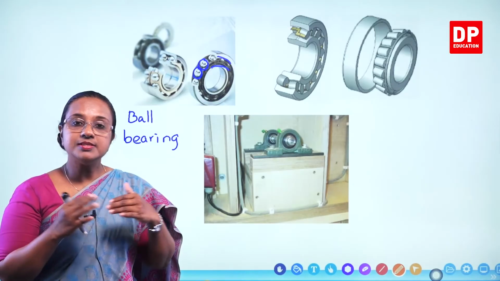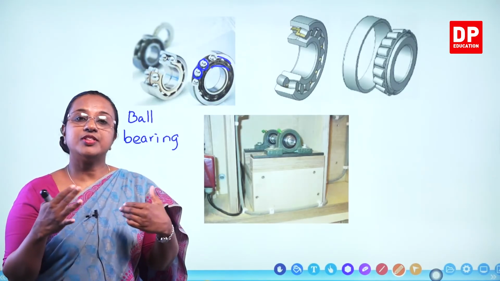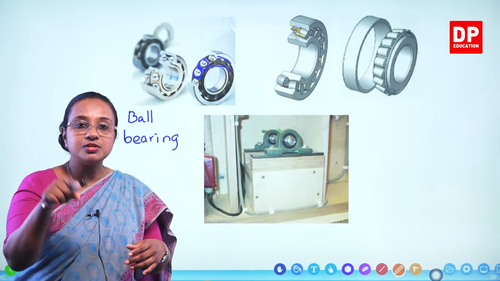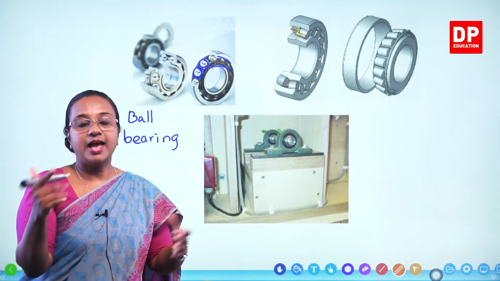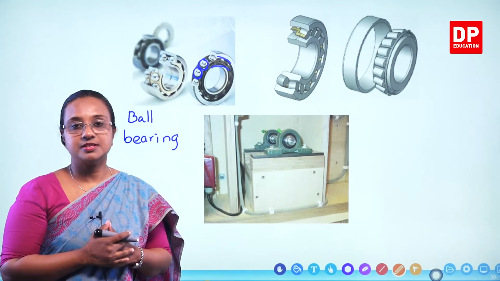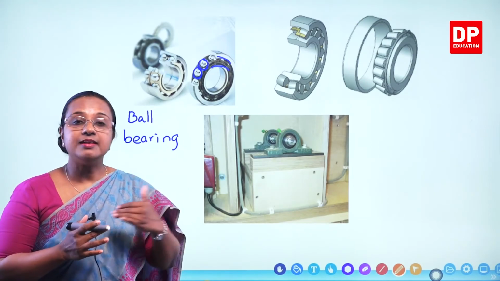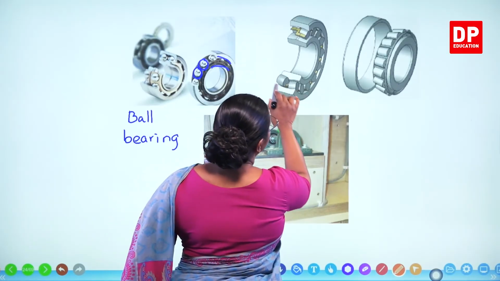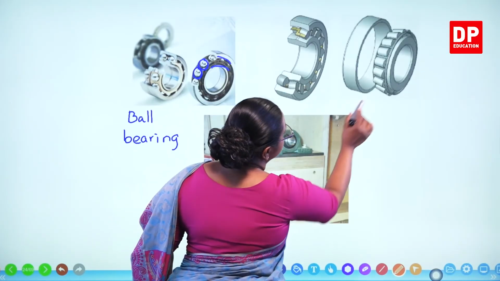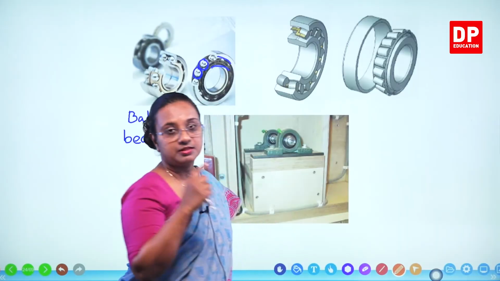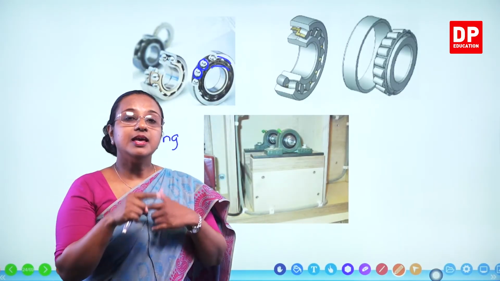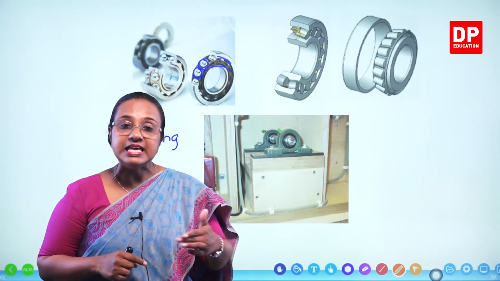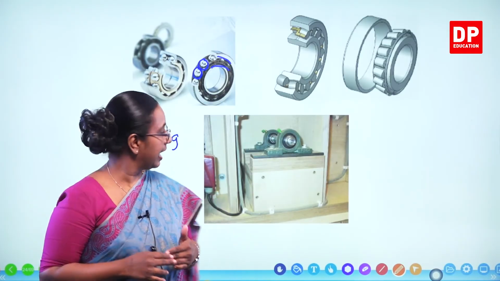So these balls make it easy for the contact surfaces to move because the balls also can rotate and make it easy for the surfaces to move. That reduces friction. Here you can see roller bearings like small barrels. The rollers are there. They also help the contact surfaces to move easily one on top of the other.